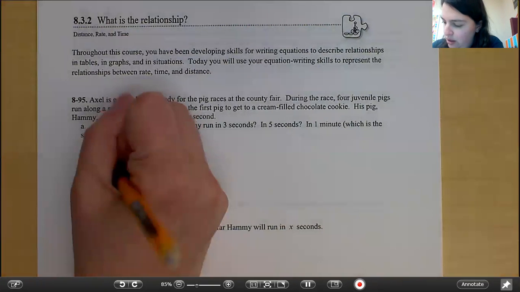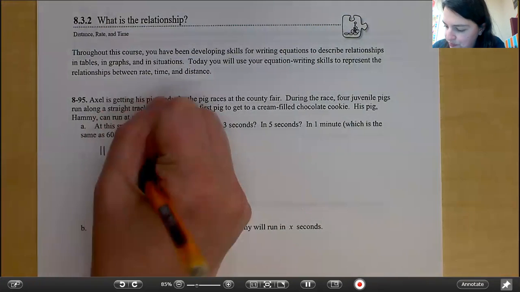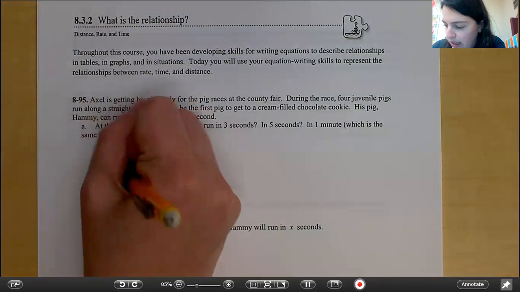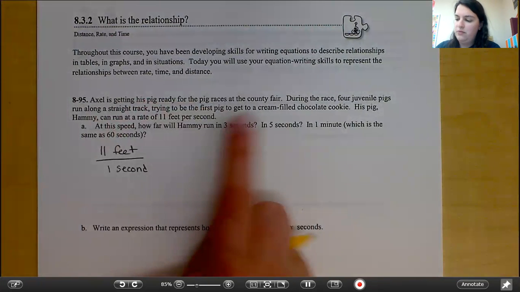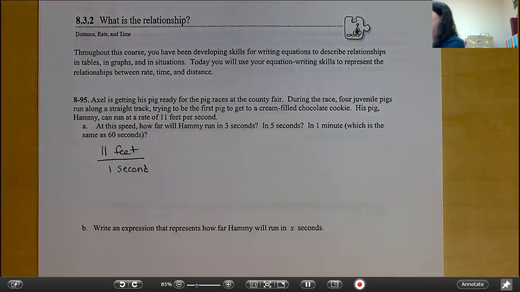So we know he can run 11 feet per 1 second. Remember, that's a unit rate. So now I want you to figure out how far he can run in 3 seconds, 5 seconds, in a minute, which is 60 seconds.